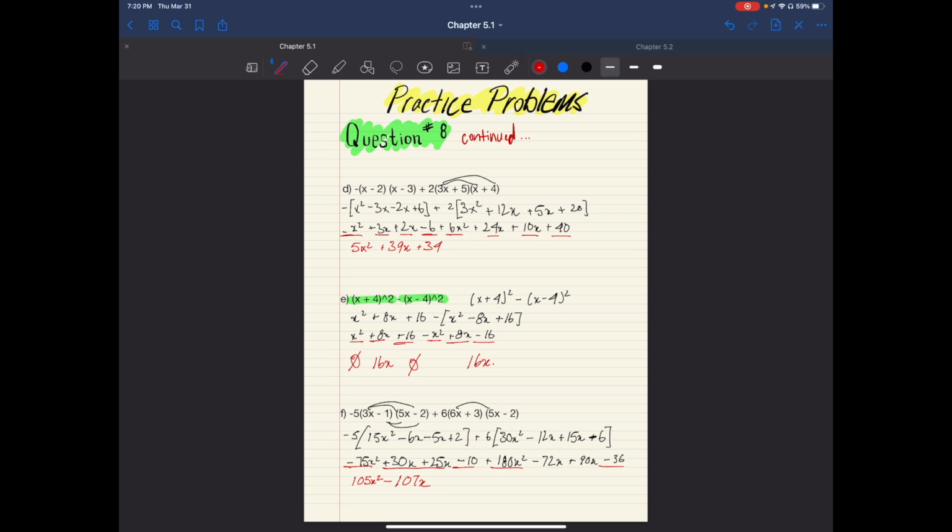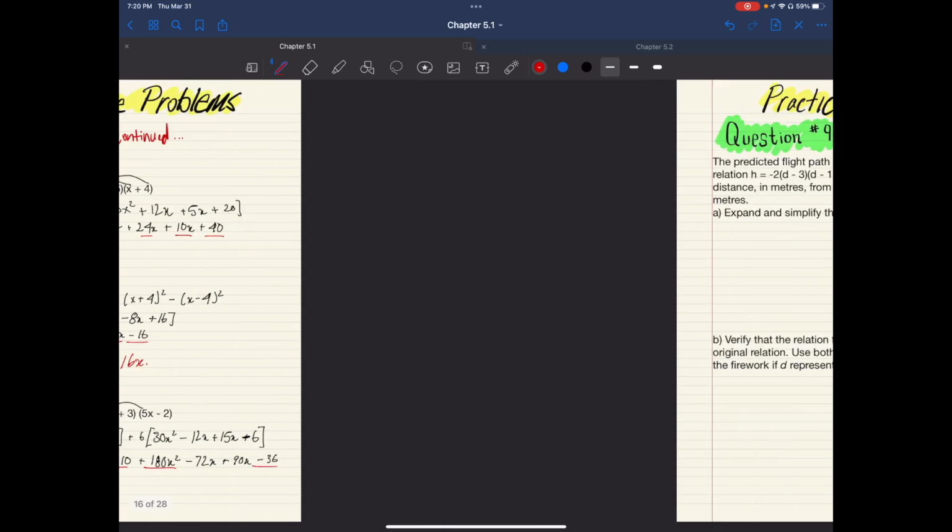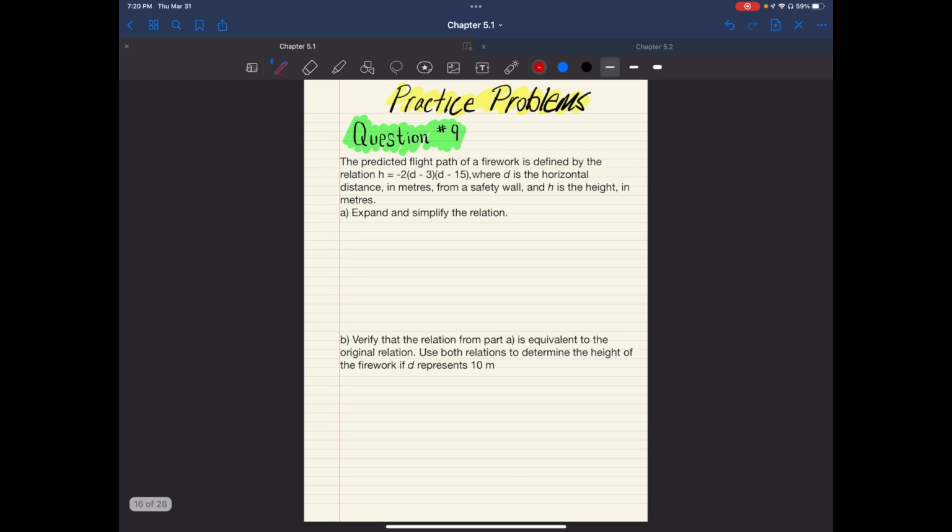And now just the constants, and we get negative 46. Moving on.